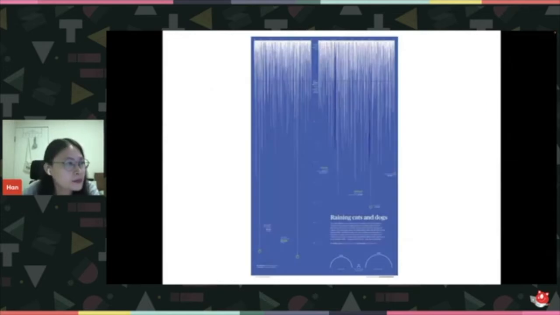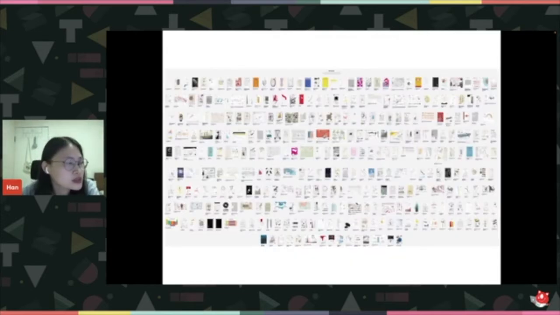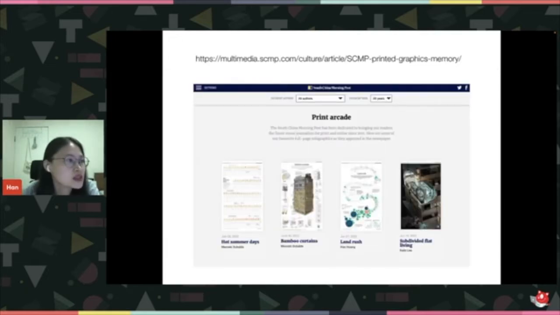This is a graphic I created with one of my colleagues about the rainfall in Hong Kong from 1884 until 2020, last year. This is almost all the important back pages we have published since 2017. And if you're interested, this is the print archive of all our graphics.